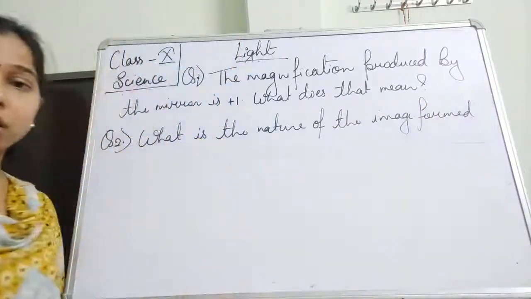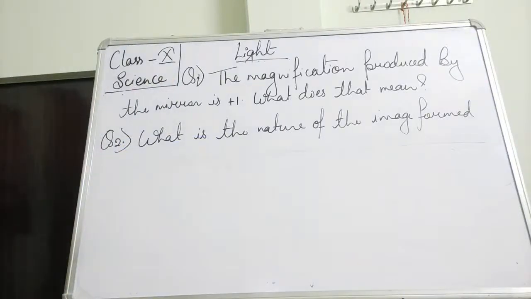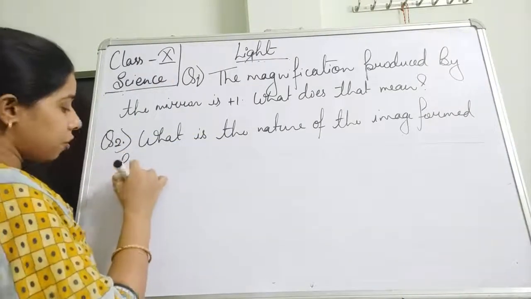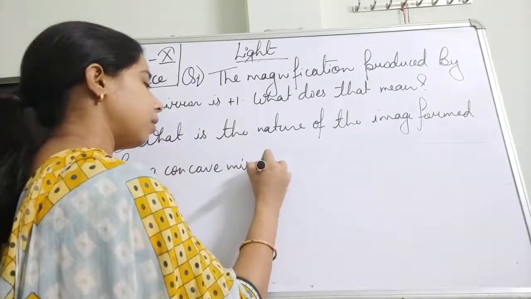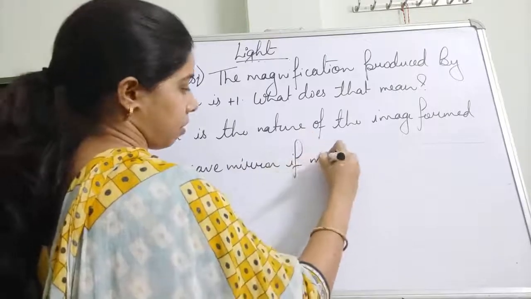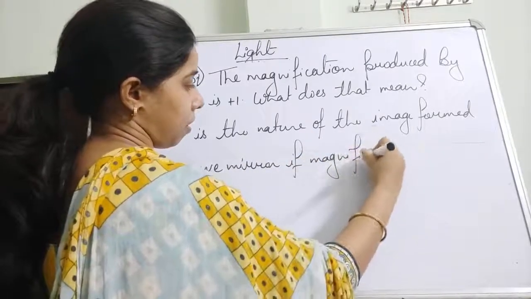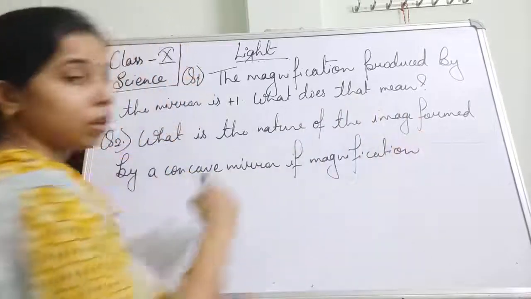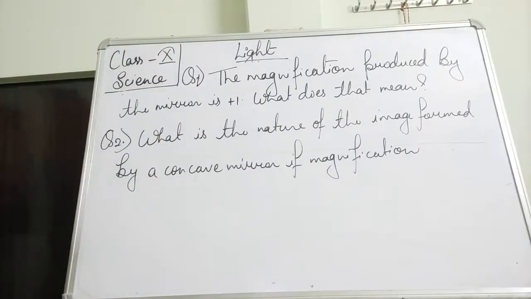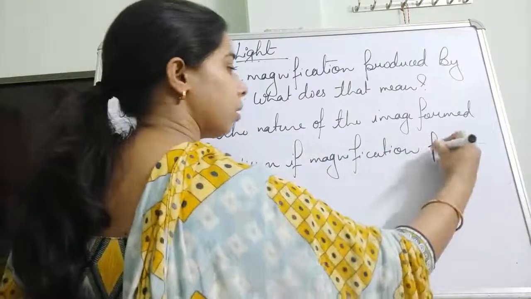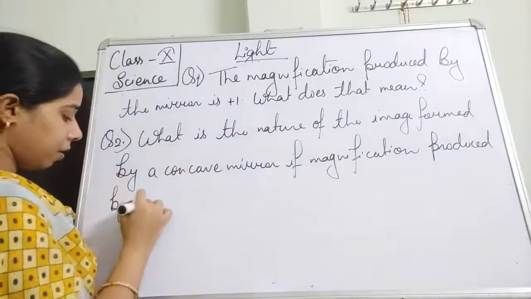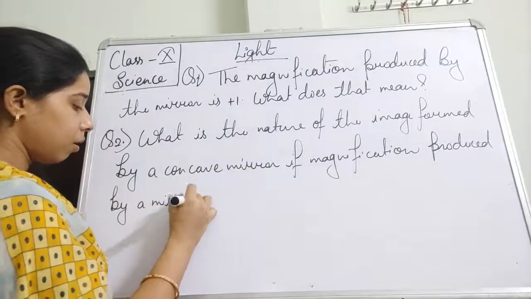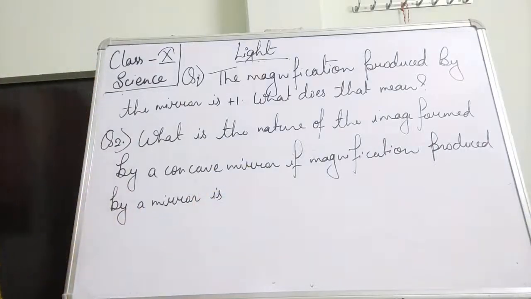What is the nature of the image formed by a concave mirror if the magnification produced by a mirror is minus 0.75?